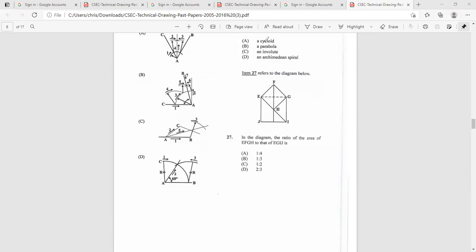A simple way to solve this is to draw an external line here. So we have 1, 2, 3, 4 halves. So that would be half.